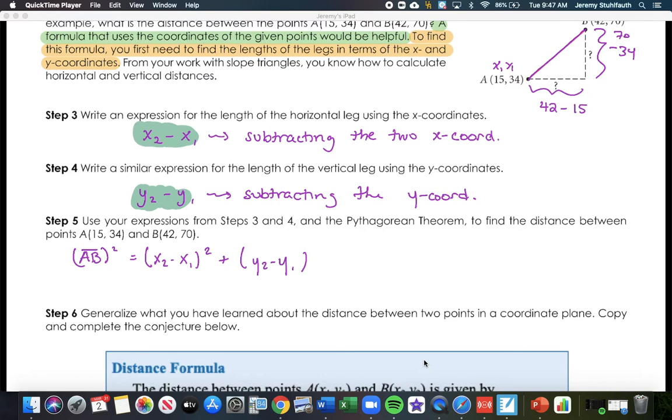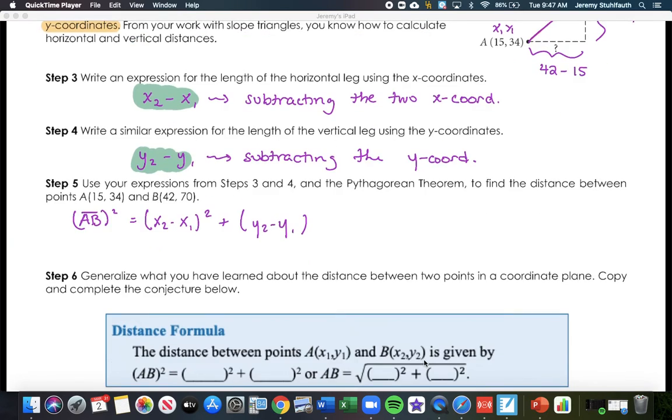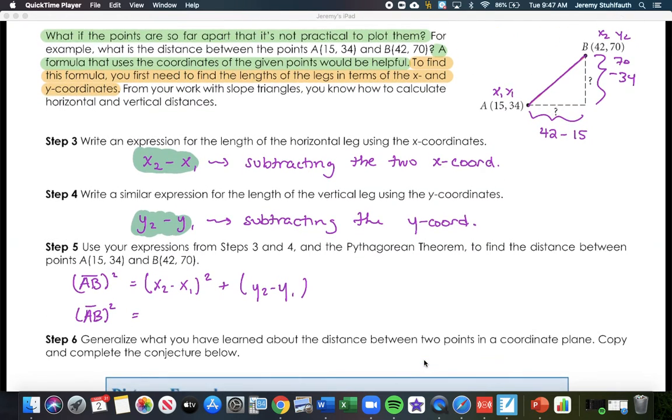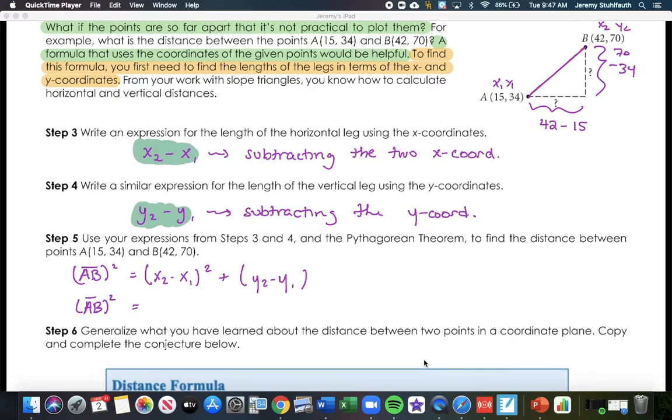And then if we plug in what we have, the distance of AB squared is equal to x2 minus x1 squared, so we'd have 42 minus 15 squared plus 70 minus 34 squared.